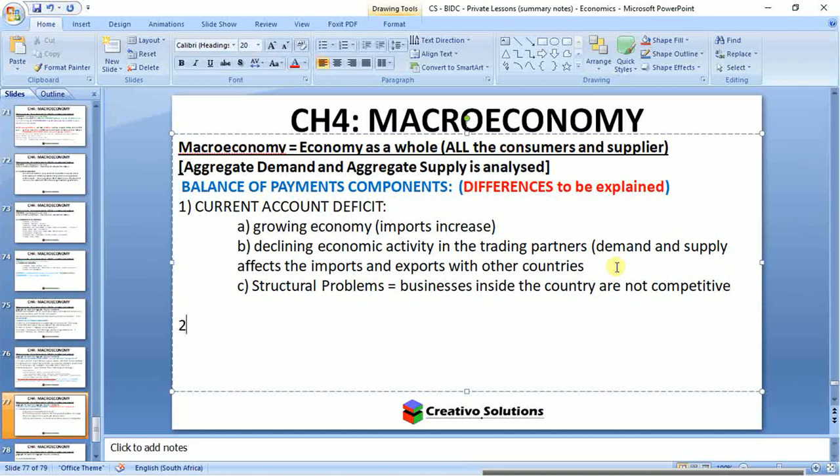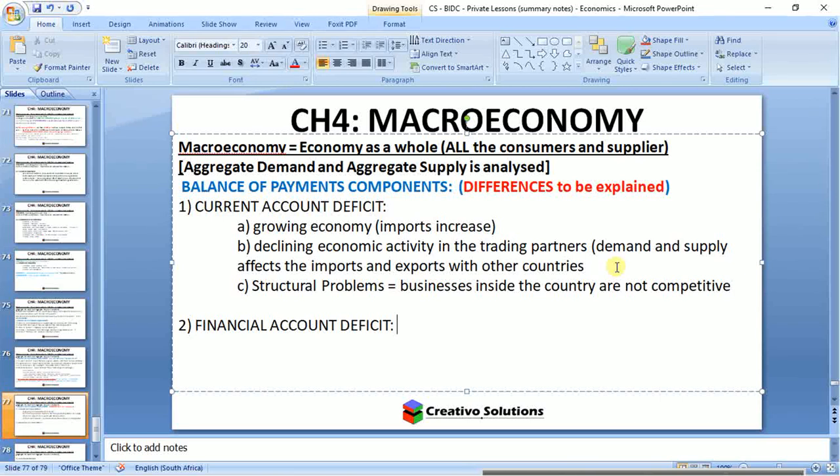Right, number 2, financial account deficit. Okay, just to recap, the financial account deals with what type of things you've got on your page?